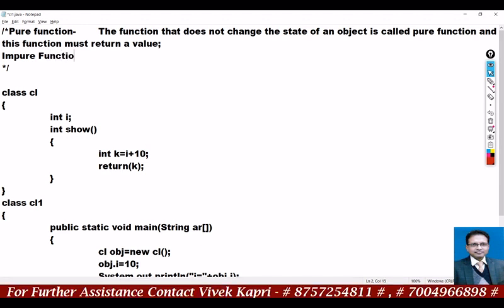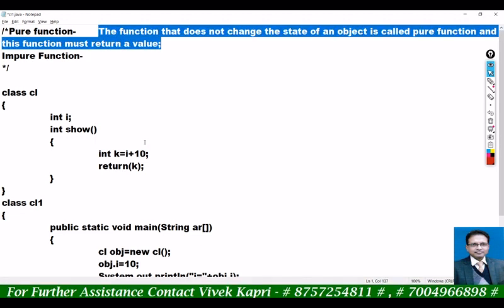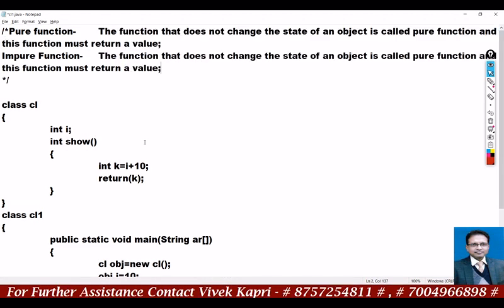Impure function: the function that changes the state of an object is called impure function, and this function does not return any value.